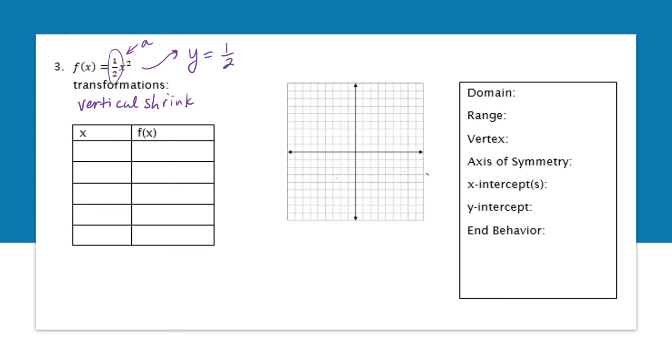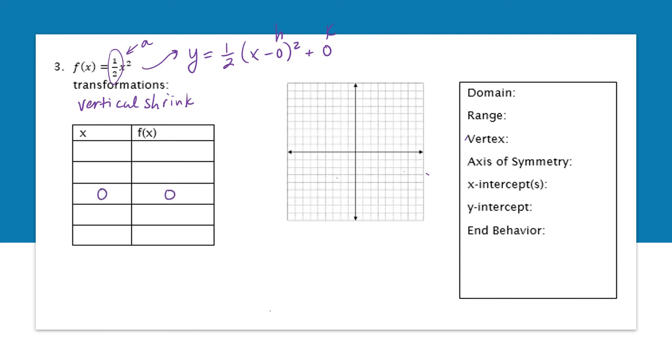So for this function, I could write this as 1/2 times x minus 0 squared plus 0. So those two things, the one that's typed on the page and the one I just wrote, are exactly equivalent. It's just that when you have zeros, it's unnecessary to write them. But that's where your h and your k value are technically coming from.